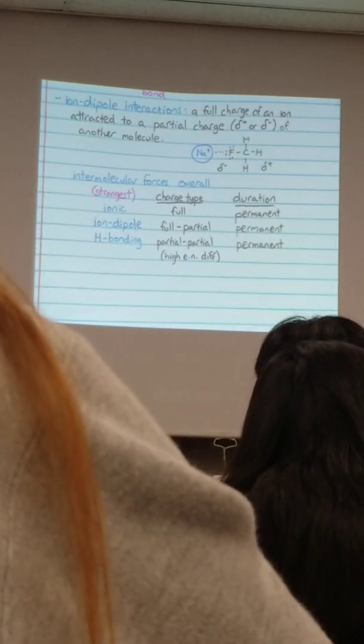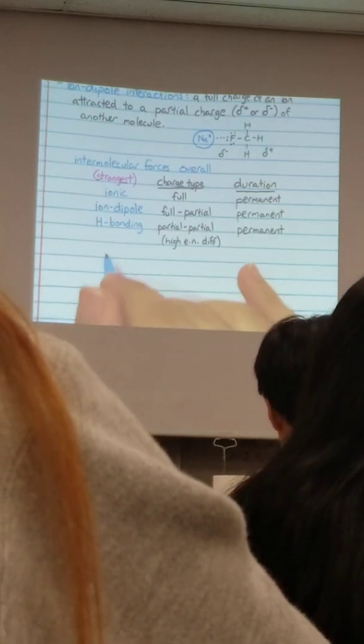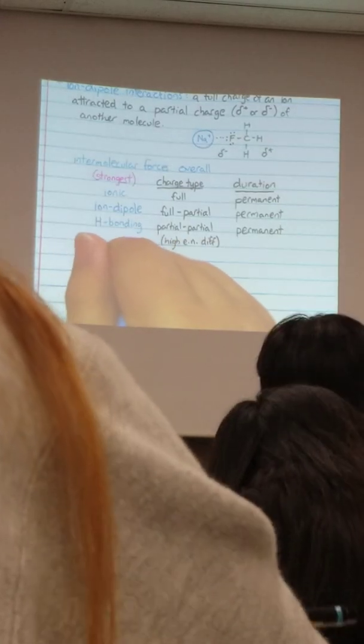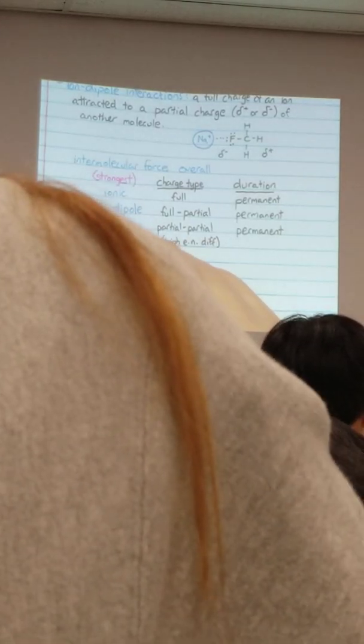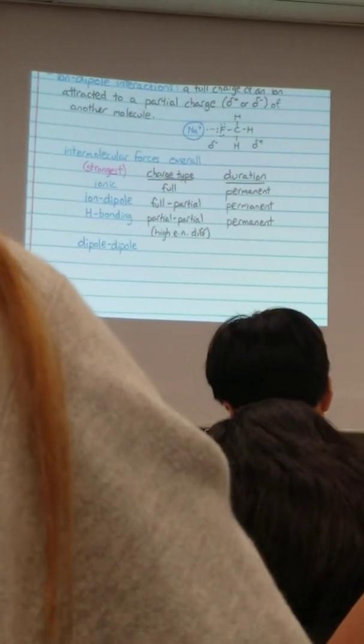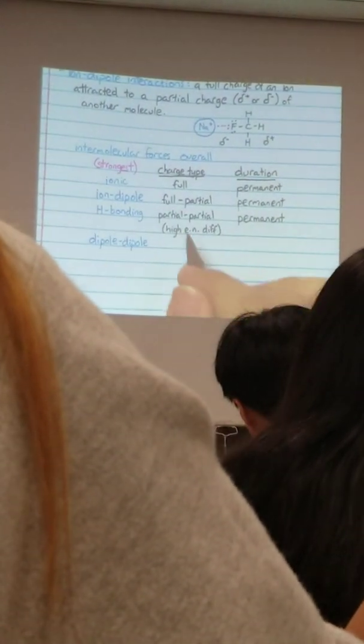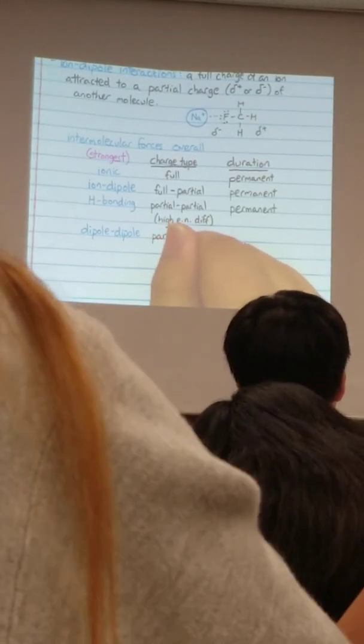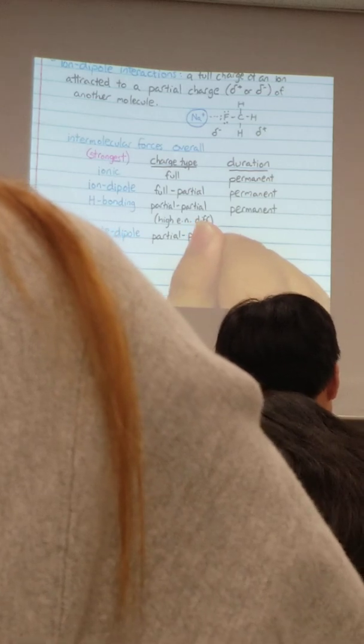Okay, if not for hydrogen bonding, what would be next? Dipole, dipole. And this is standard, huh? So it's not anything extreme, but we're still working with partial and partial because it's still delta with delta.